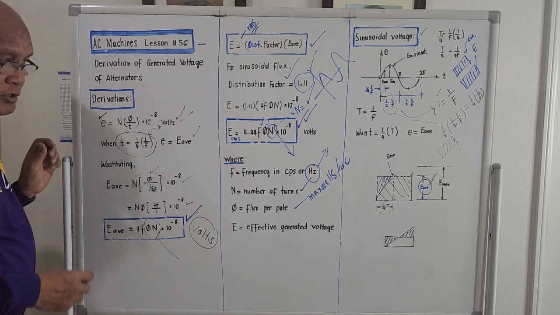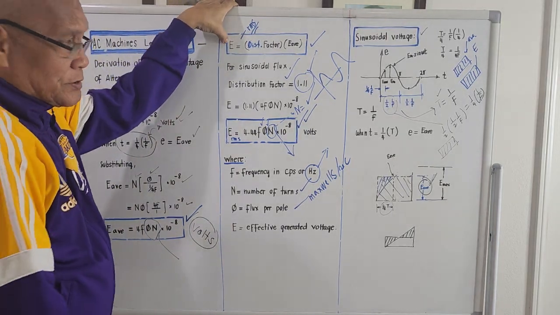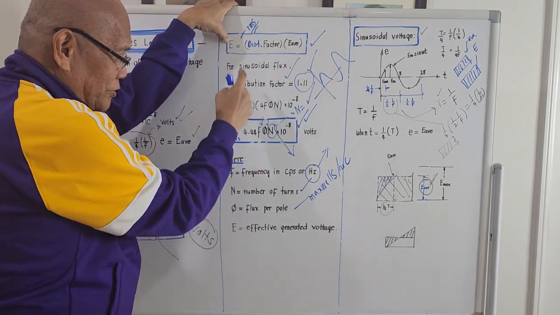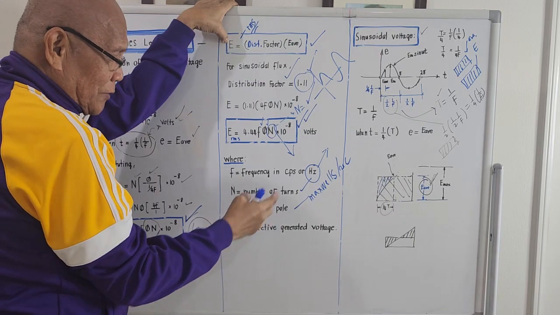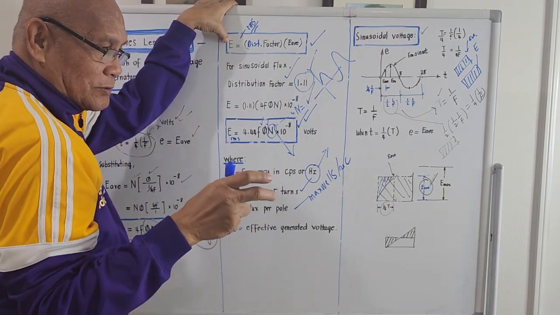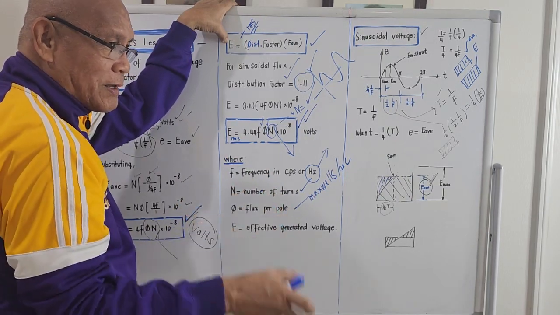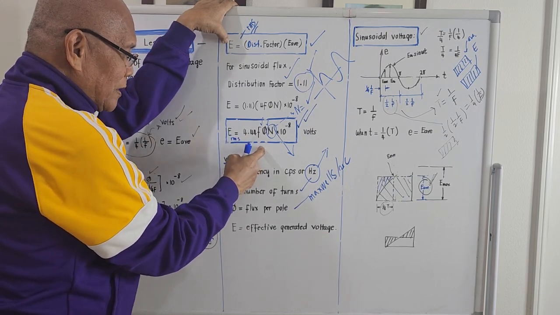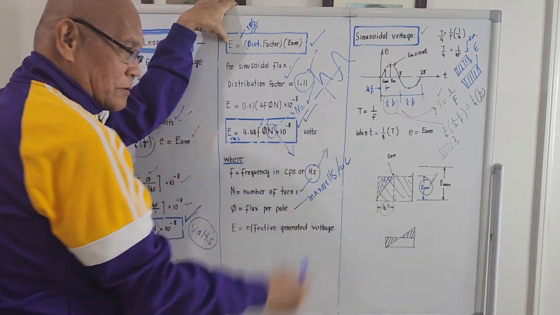And the second one is the effective voltage, equal to the distribution factor times E average, and for sinusoidal this is 1.11. So after inserting this 1.11, we have derived the general equation on how to compute the effective voltage for any alternator, that is 4.44 times frequency times flux times N times 10 to the minus 8 volts.